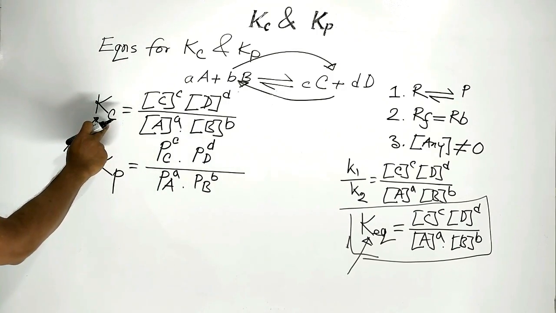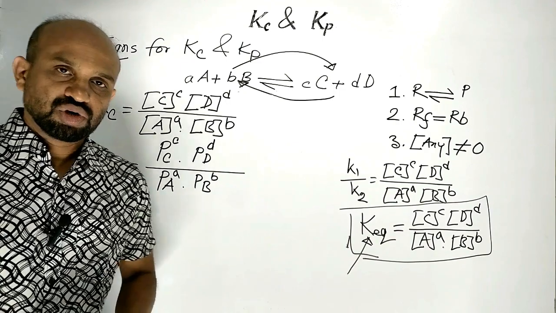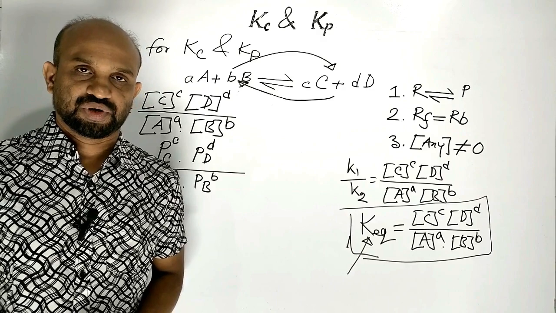Kc is equilibrium constant in molar concentration and Kp is equilibrium constant in partial pressure. These are equations for Kc and Kp.